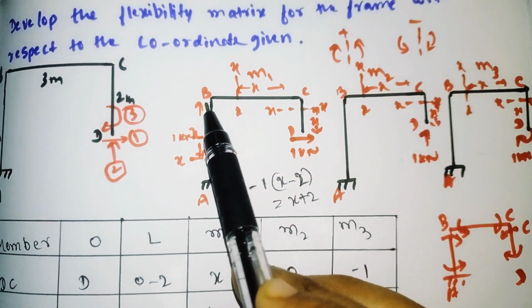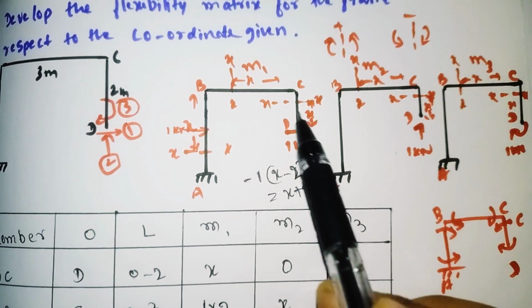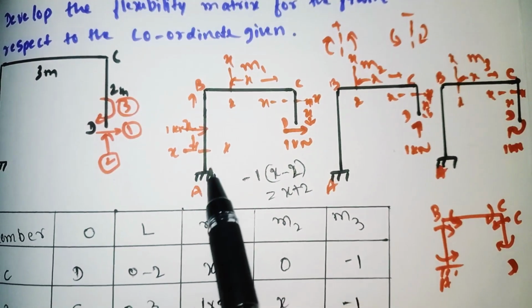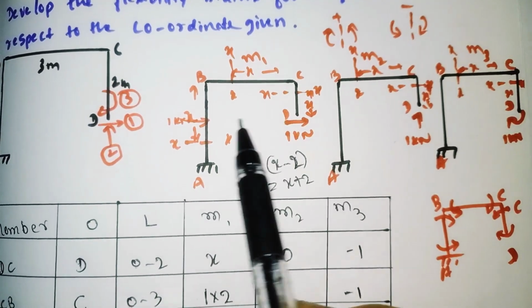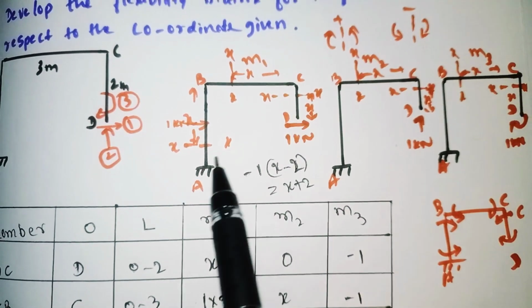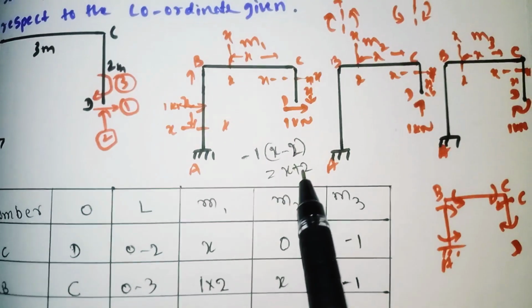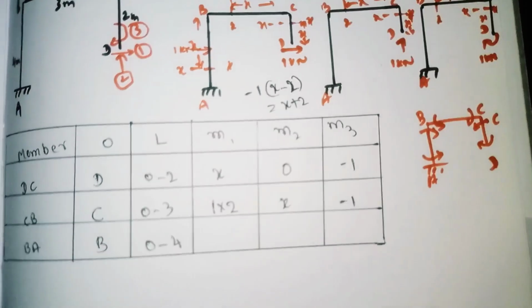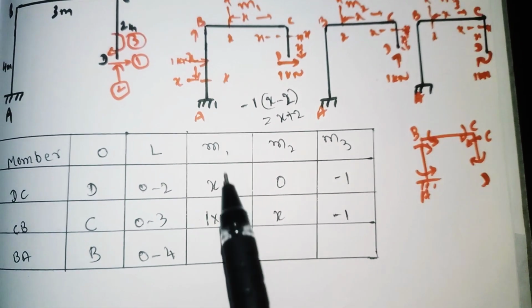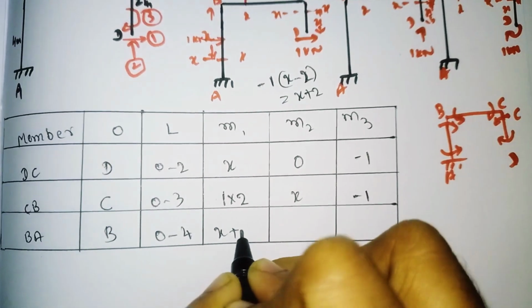If you subtract this much of distance from this, you will get the distance, that is nothing but x plus 2.